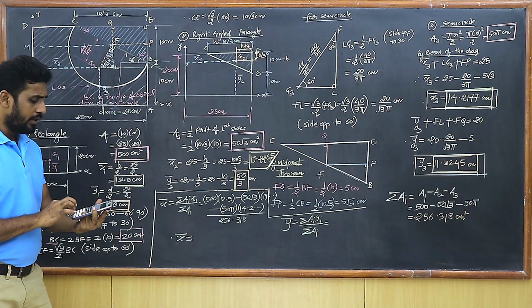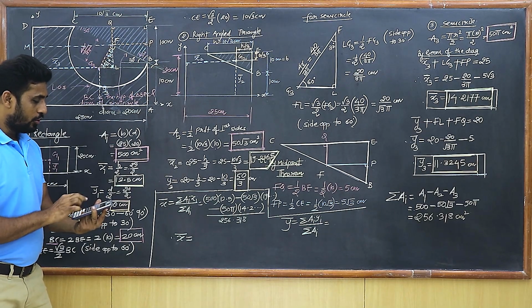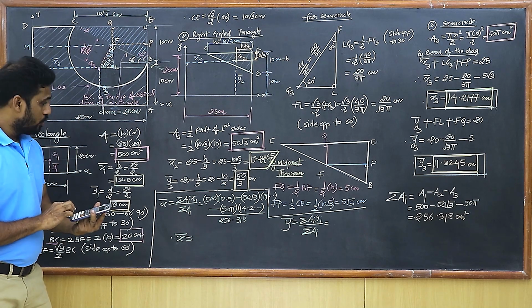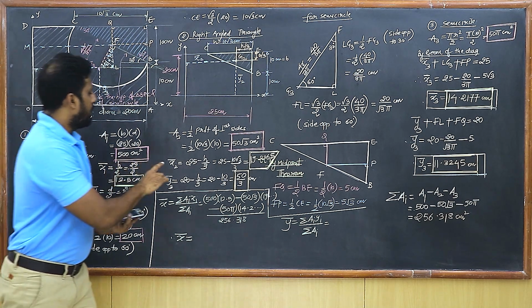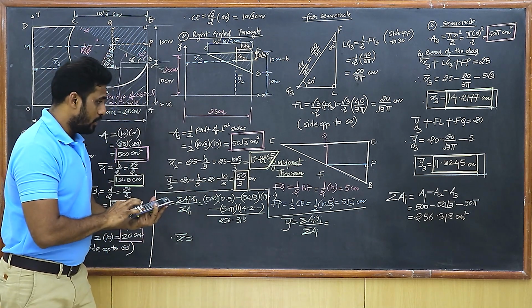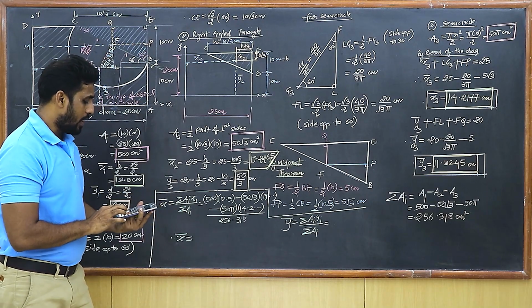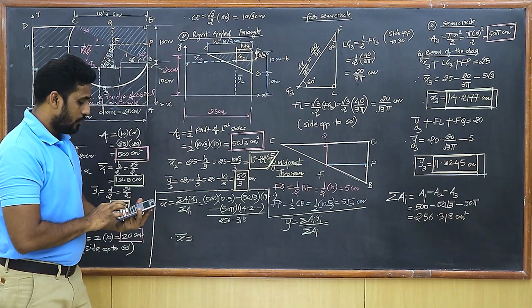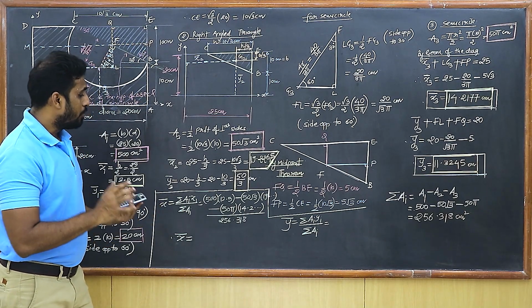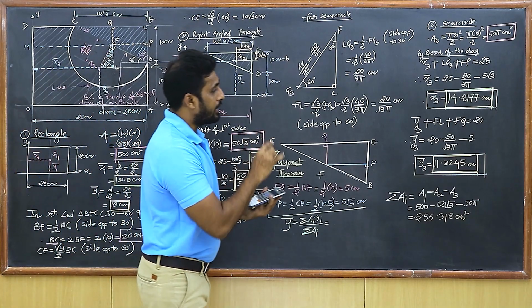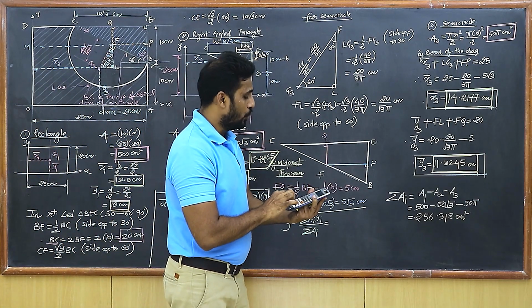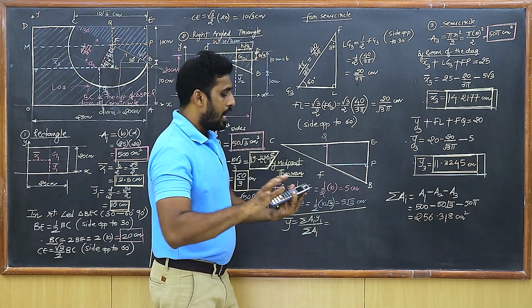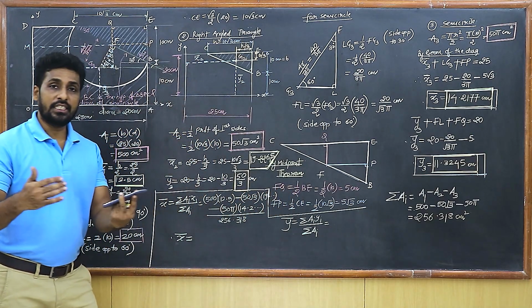So X bar is going to be 500 into 12.5 minus 50 root 3 into, the value was for X2 bar, 19.2265, then minus of, students, 50 pi multiplies with the value of X3 bar. It is 14.2177. I will get some value. It is 2351.625.